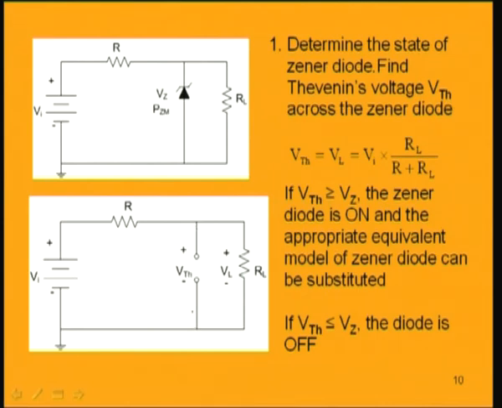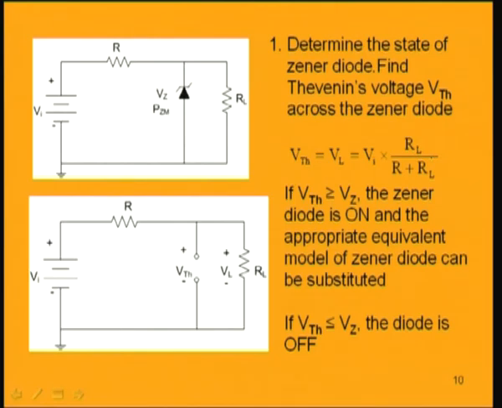That is the way we find the voltage across the Zener diode. So, first let us find V Thevenin. What is V Thevenin? After open circuiting this diode, the voltage across these two points is Vi into RL by R plus RL, that is, the voltage division taking place across these two resistances. So, this voltage we will find.